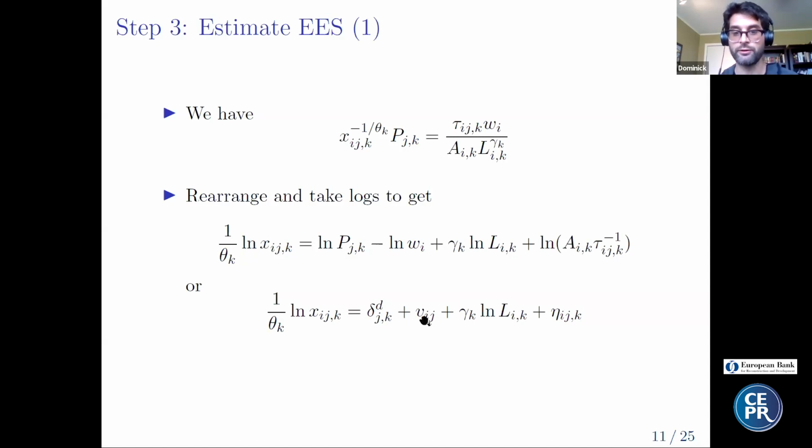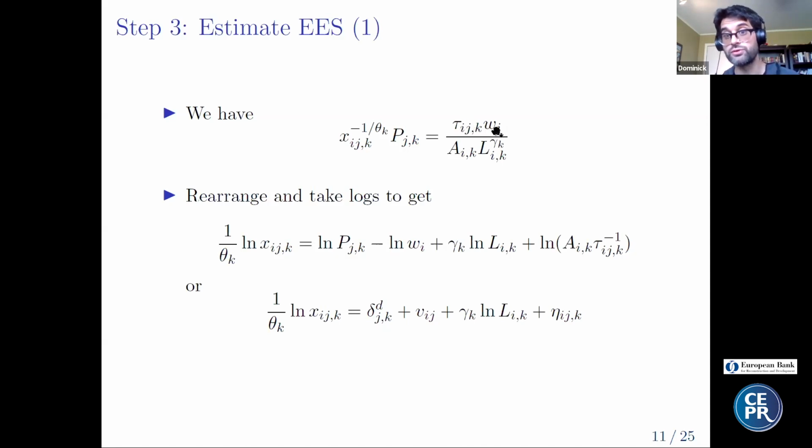A bilateral shifter that's origin-destination specific, but not sector specific. This is going to soak up any origin-bilateral but not sector-specific element of the tau here.